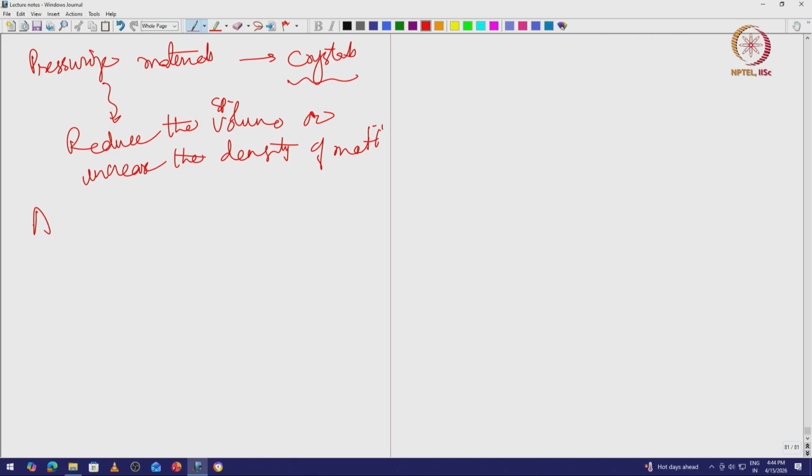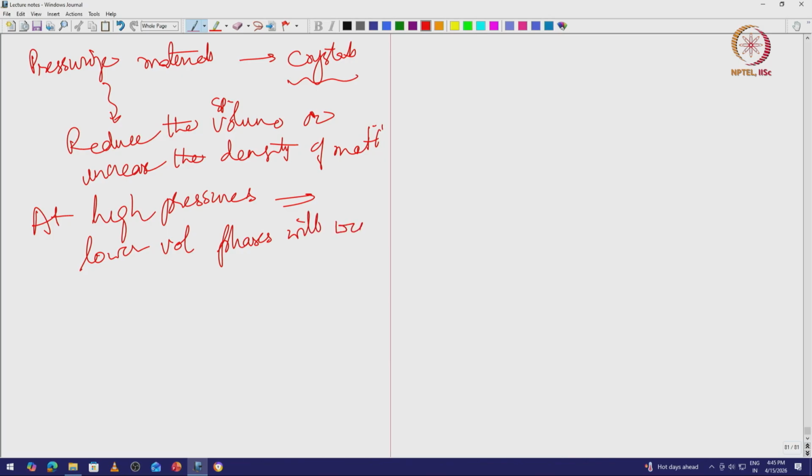So at high pressures, it is obvious that lower volume or higher density phases will win, and similarly at lower pressures, higher volume phases win.